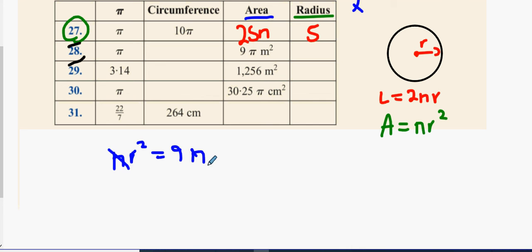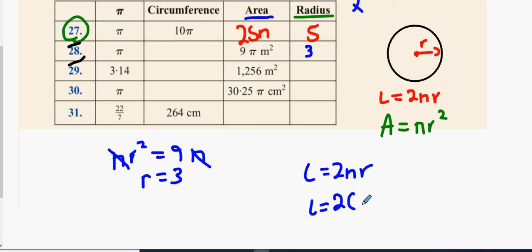What's left over? r equals 3. What formula do I have to use next? L equals 2 pi r. And what does L equal? 2 multiplied by pi multiplied by 3, and the answer is 6 pi.